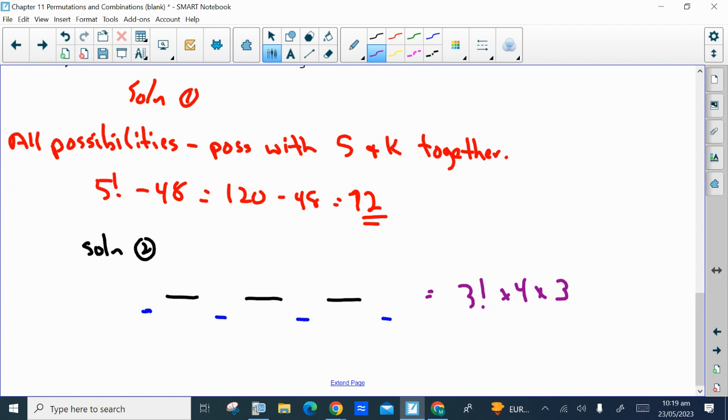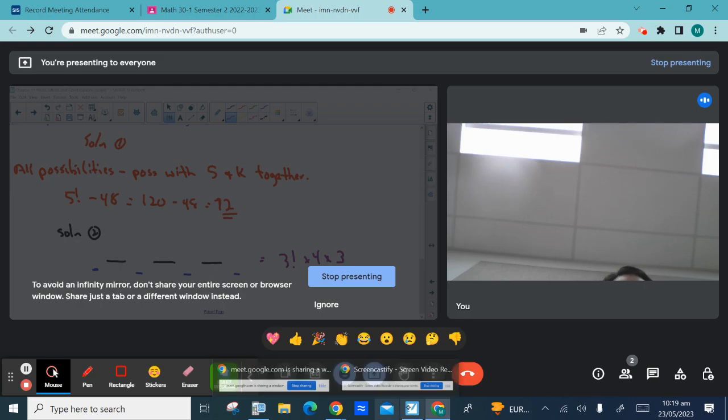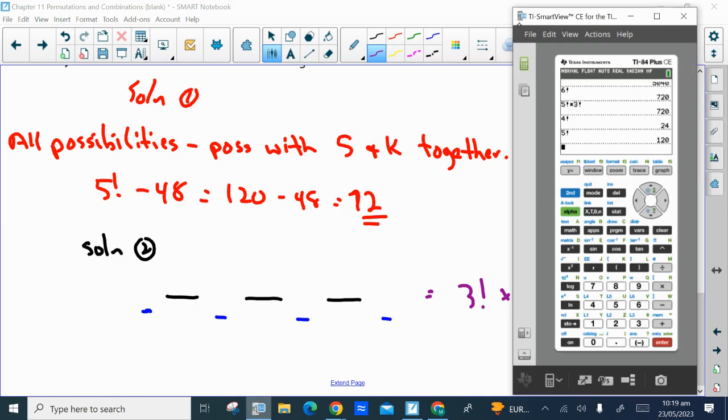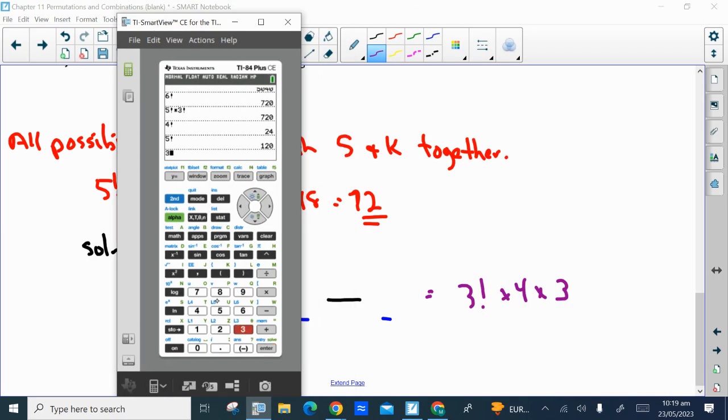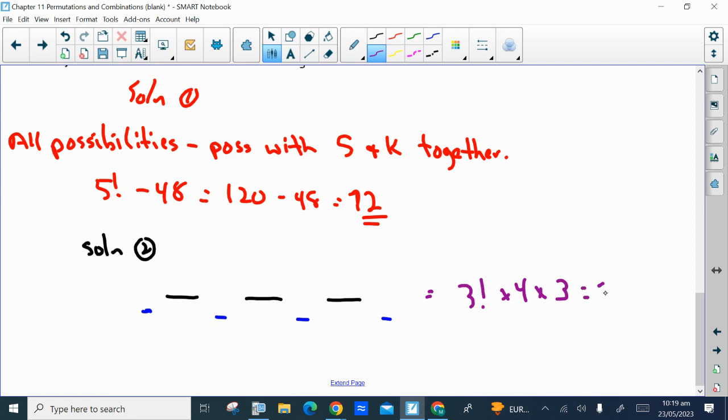There's 4 places that Shay can be put, and then there's 3 places for Caddison to be put. So the answer will be found by going 3 factorial times 4 times 3. 4 times 3 is 12, so we can go 3 factorial times 12. That gives us exactly the same answer, 72. So 2 different ways to get that answer of 72.